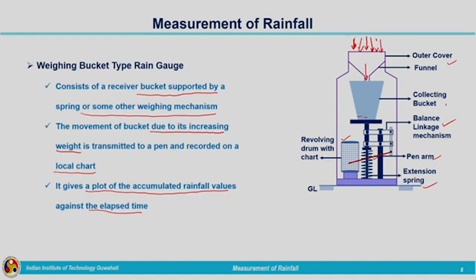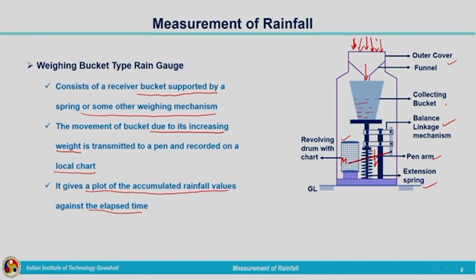As the weight of the bucket is increasing, the spring will be coming down, and because of that we will have the movement of the pen. It will be marking the rainfall depth, how much depth it has come down, and those markings will be shown on this chart.